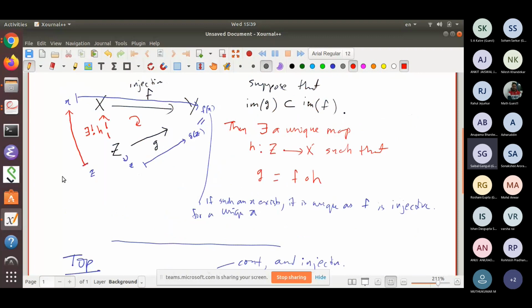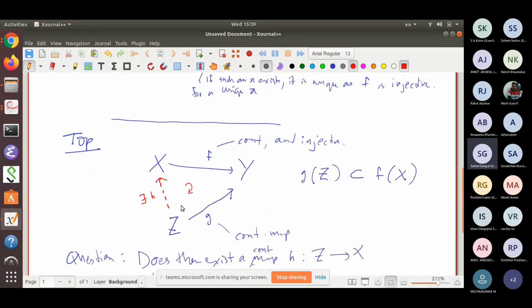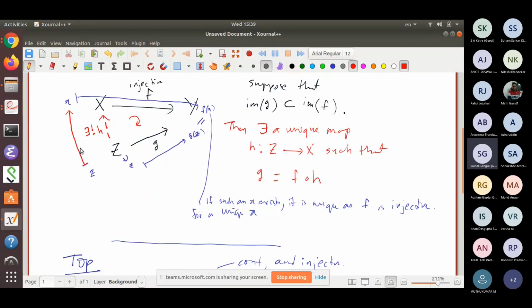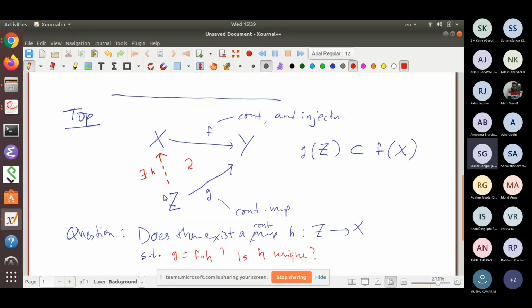Because this is the same diagram as here, so there does exist a map H. It has to be defined by this same formula. Because where can you send a small z? Well, its image is the image of a unique point from here, because this is injective. So I have to send it there. So there is a unique map H, except I don't know whether it's continuous. Is that clear that there is such a set map? Yes, sir.